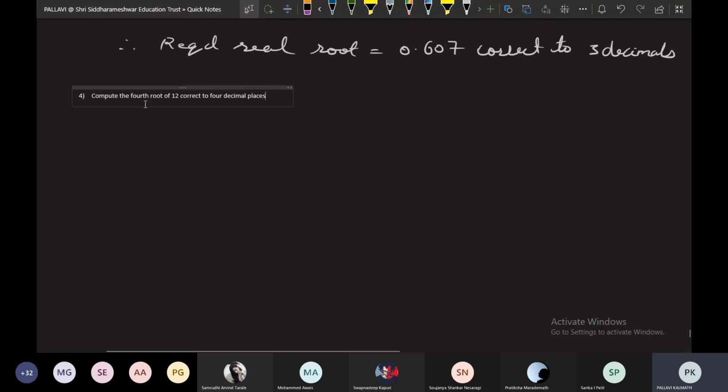Okay, the question is clear. Compute the fourth root of 12 correct to 4 decimal places. Okay, you can consider 3 decimals.